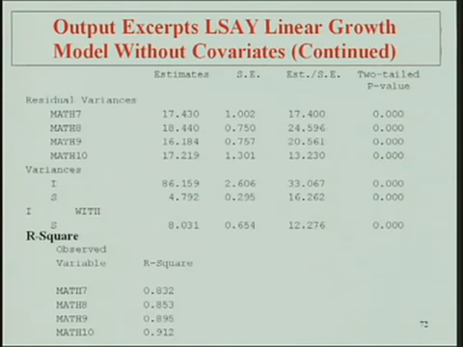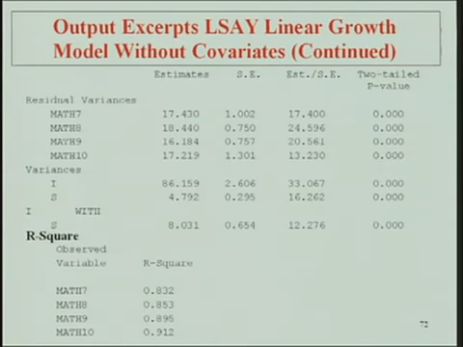This variation at grade 7 is not all of the variation in math 7, right? The math 7 variance is a function of the I variance and the residual. So you can think regression analysis here. Math 7 regressed on I. Math 7 is not influenced by S, but only by I. The explained part of the variance comes from I, 86.